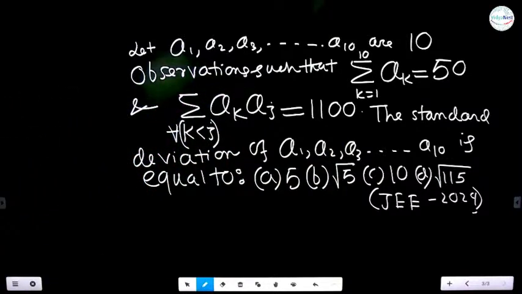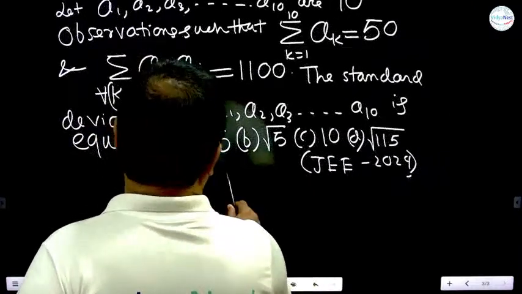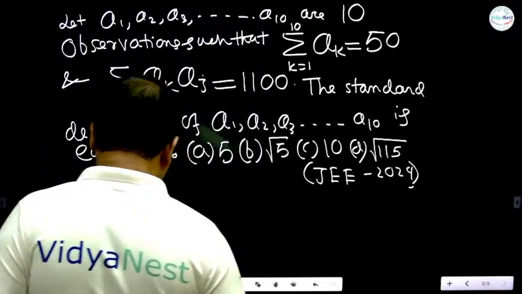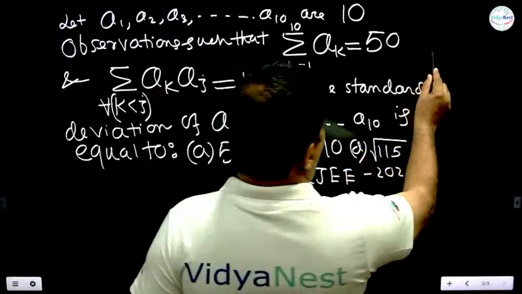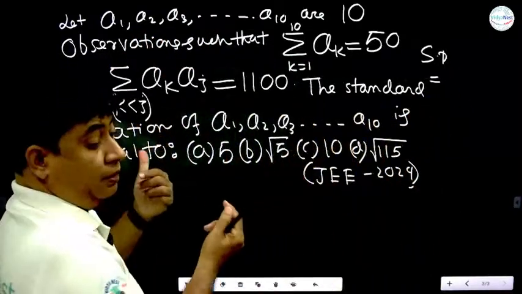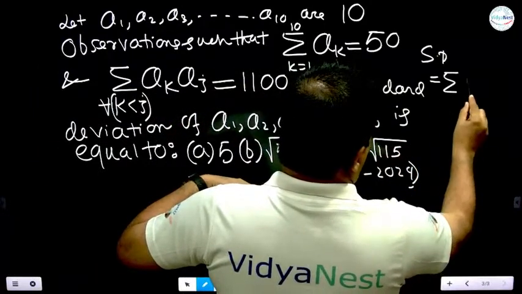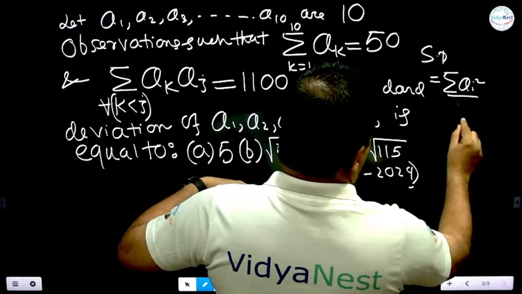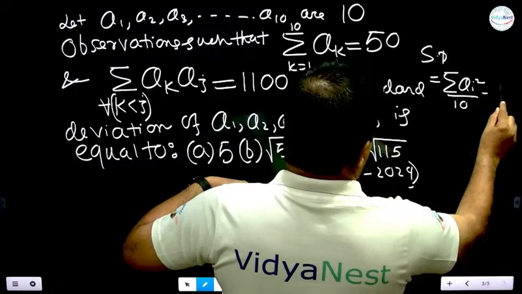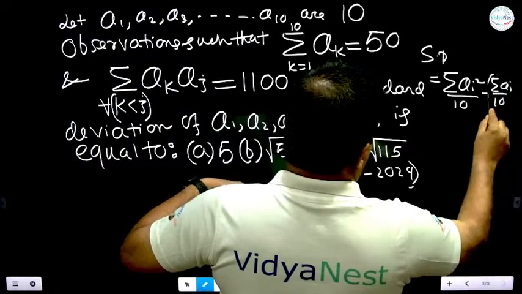How to proceed? The standard deviation formula according to these observations will be what? Meaning what I need to extract from this sum: square root of summation of Ai square by 10 minus mean, summation of Ai by 10, whole square.